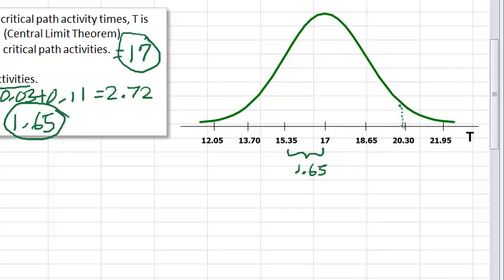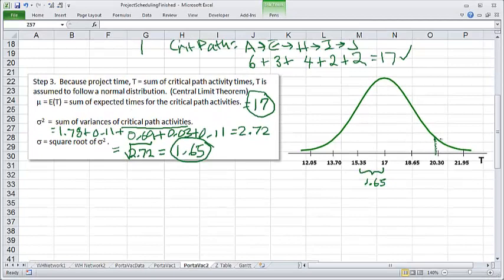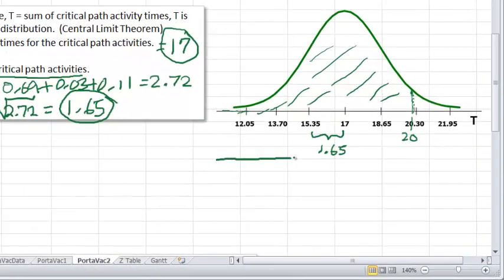And we're trying to find this area under the curve, area to the left of 20, all this area. Okay, and what we would do is we convert this 20 to the corresponding z value. So let's take a look at the z scale.